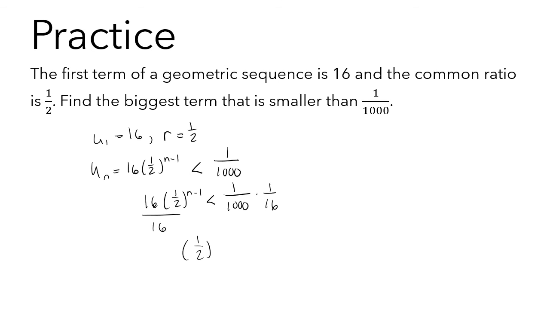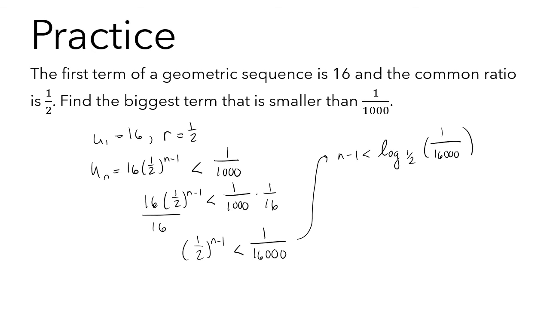And I get 1/2 to the n minus 1 is less than 1 over 16,000. Then I'm going to take the log base 1/2 of both sides. n minus 1 is less than, sorry, not equals, less than log base 1/2 of 1 over 16,000. And then I just add 1 to that.